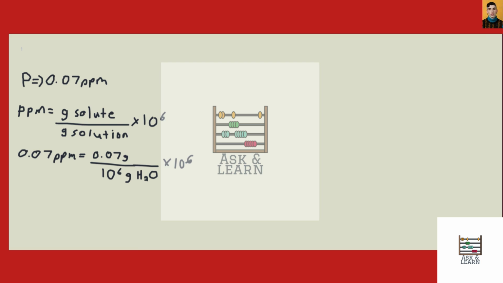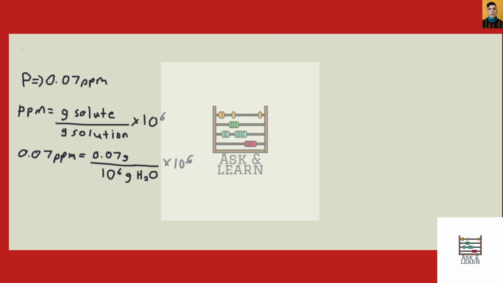Now, if we know the mass of phosphorus is 0.07 grams, then we can get an idea of how much of our other substances we have.